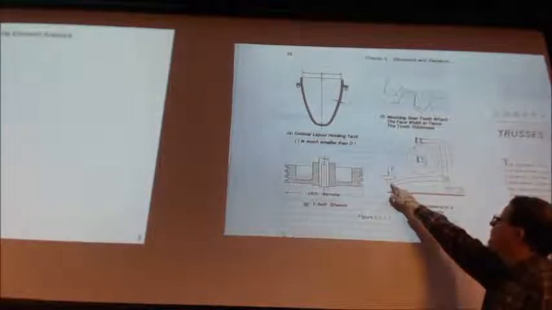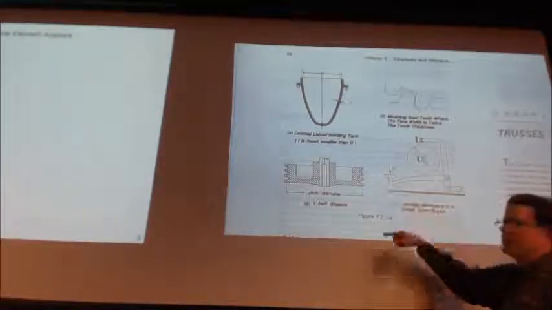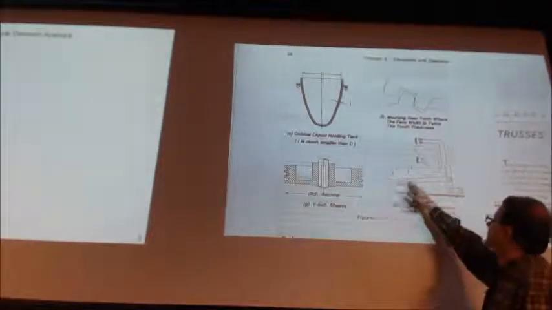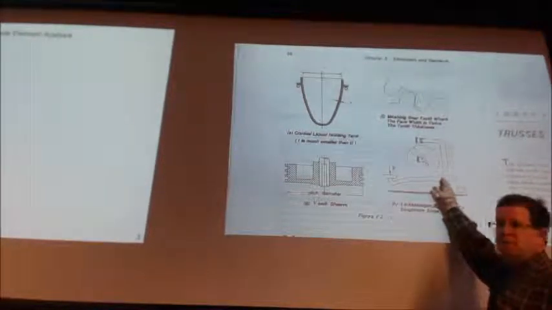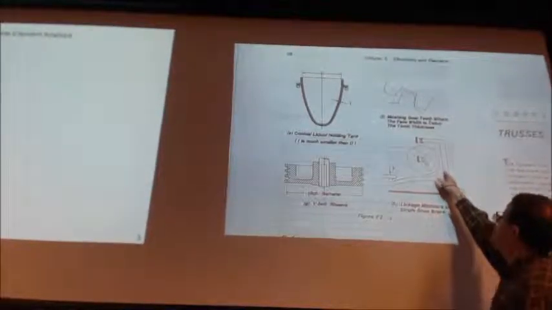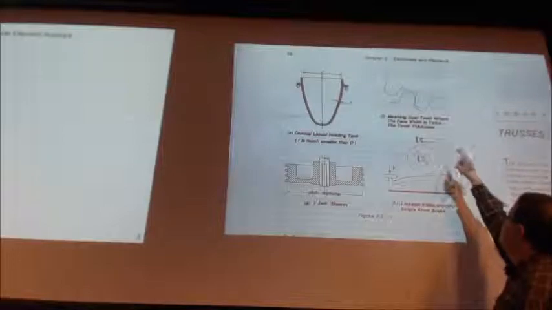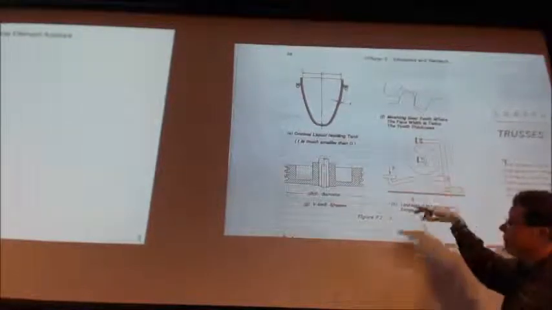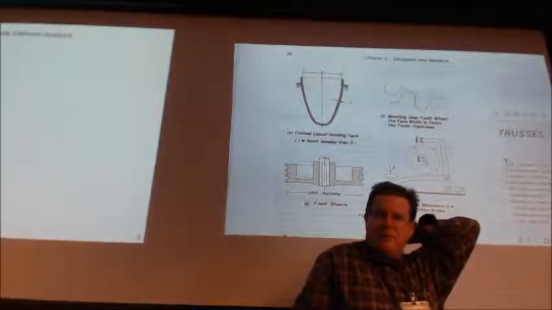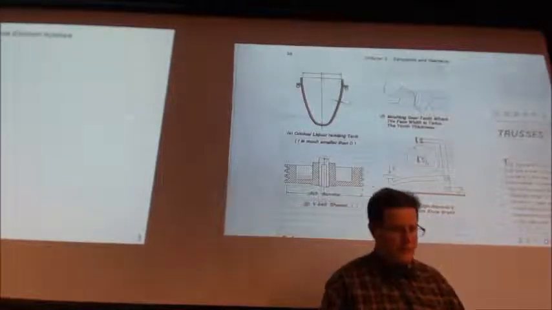How would you treat this one? Well, if you assume the force was right at the end of the beam, then yeah, you could treat this as a beam, right? So this is a truss. This is a two-force member, even though it's got an elbow in it. So we could still treat that as a truss, or we could break it up and make it a beam.